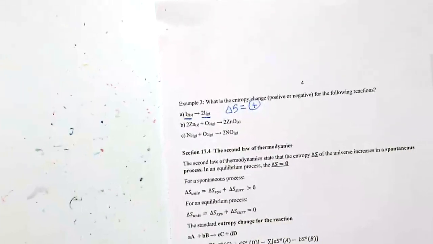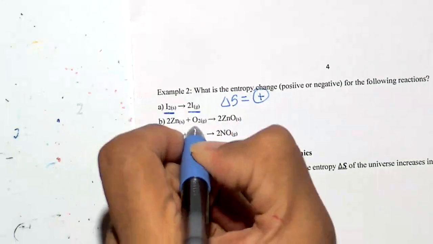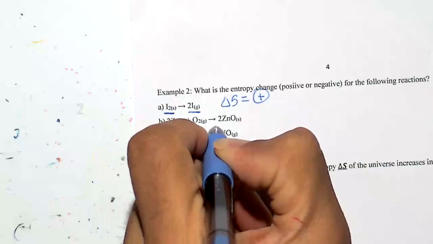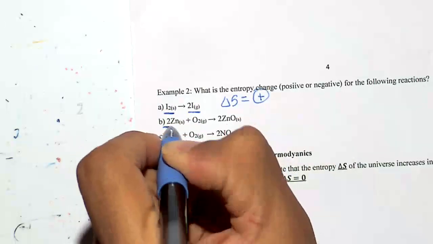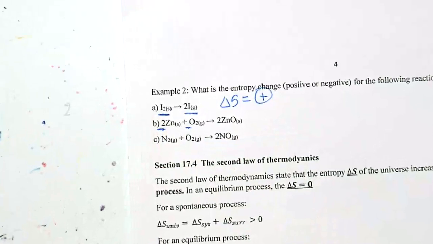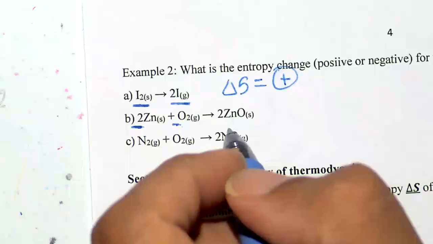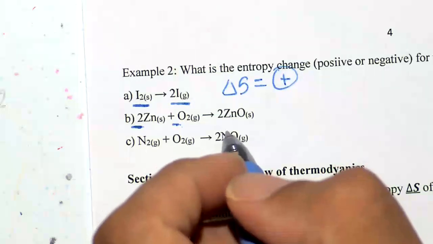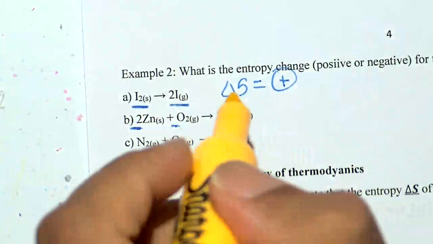All right, 2 zinc solid plus O2 gas goes to 2 zinc oxide solid. So we have 3 moles, 2 moles of the solid and 1 mole of the gas, going to 2 moles of solid. Ultimately we're going from 3 to 2, so that's more order. And not only that, we're making a solid.